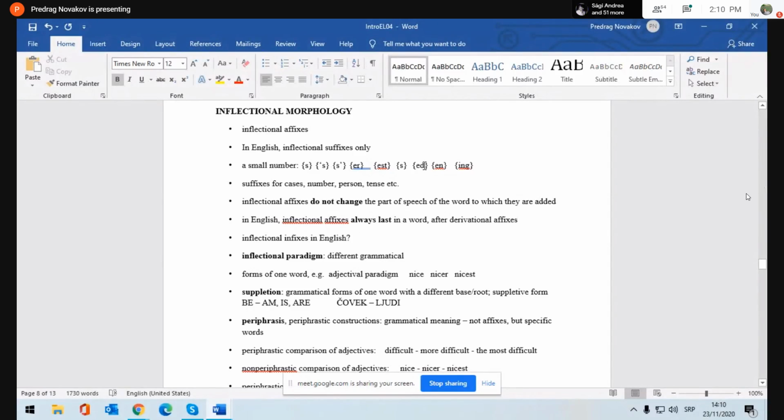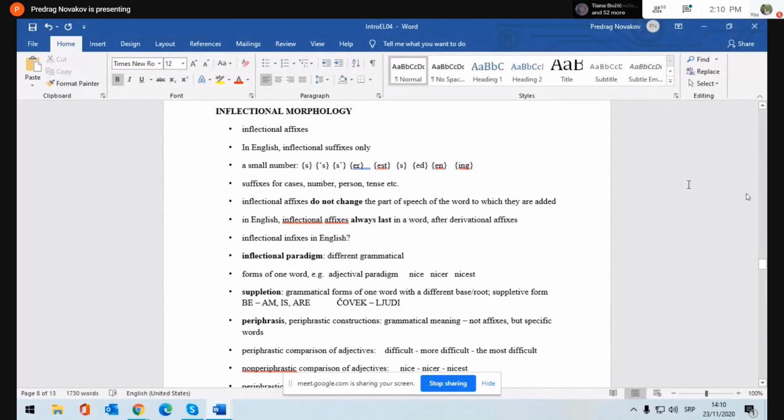ED for simple past. EN is going to be a mark for past participle. If you think about participles like broken or taken, they have EN. So ED, simple past, EN, past participle. ING is for present participle, like writing. And they are all inflectional morphemes, all inflectional suffixes in English.